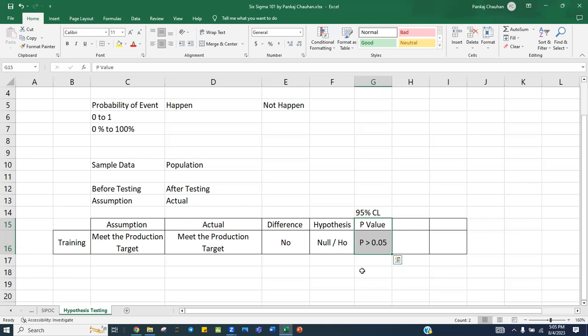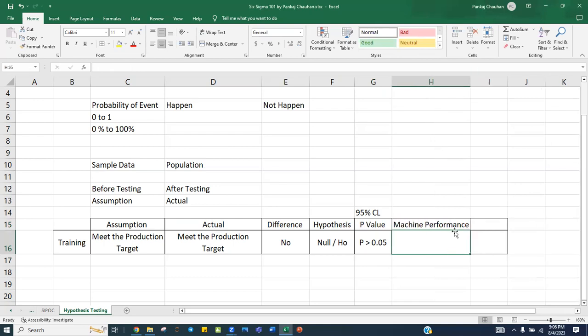Now, in case you are preparing a report, where you are telling whether the machine is working fine or not working fine. When you are preparing a report for the machine performance, which is your practical decision, you are telling, yes, based on the testing or trial I have done, the machine will meet the production target. So are you making any decision error here?